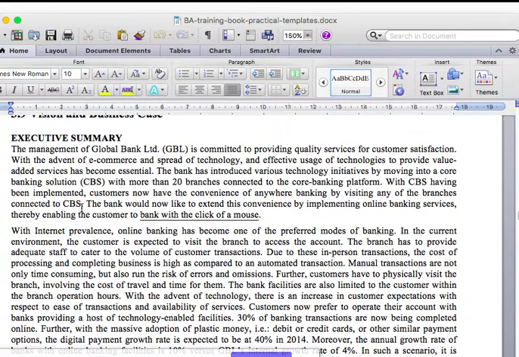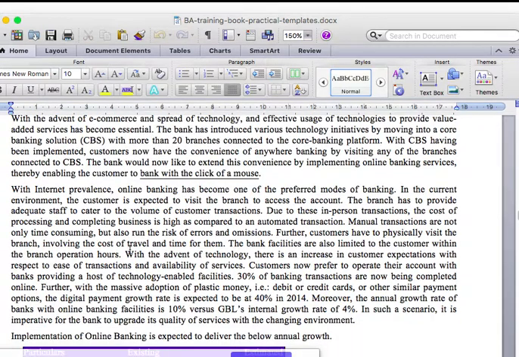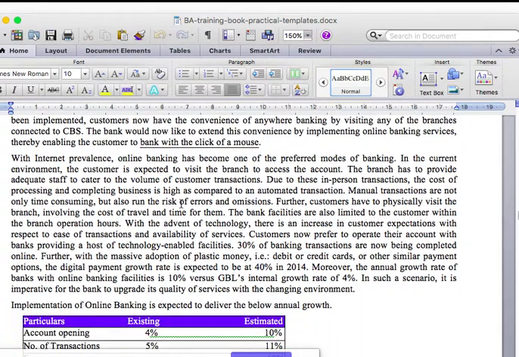Before that people had to go to the particular branch and complete the transaction, but now an integrated system has been implemented. Since it is done, we can provide online banking solution.